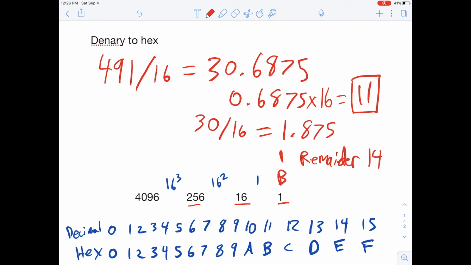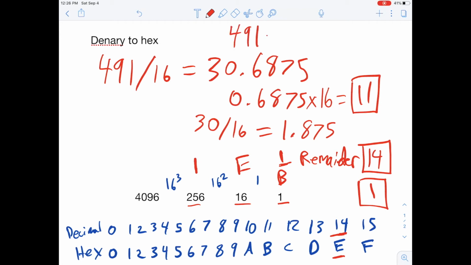So that's going to be B. The next remainder is 14, and then remember we had that 1 left over. So 14 in the 16th place. And remember, if we look down at this chart down here, 14 is going to be equal to E. So we put an E in there. And then the 1 is going to be a 1. So 491 decimal or denary, converted into hex, is going to be 1EB.